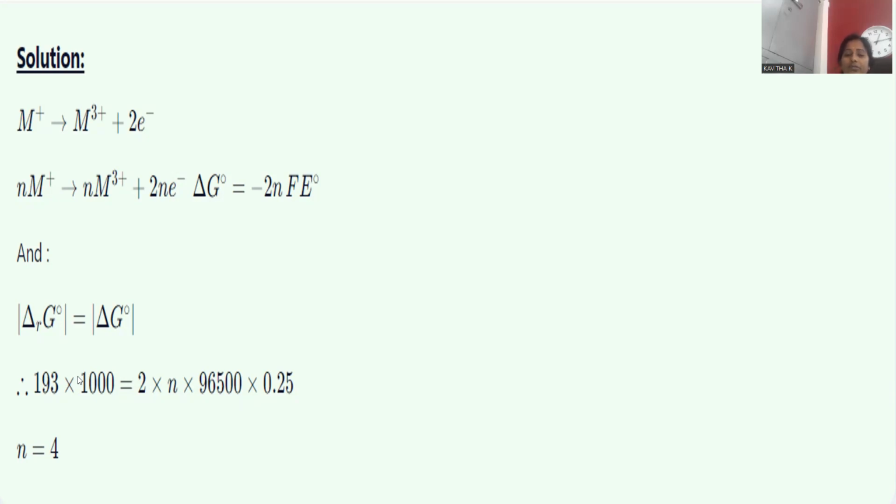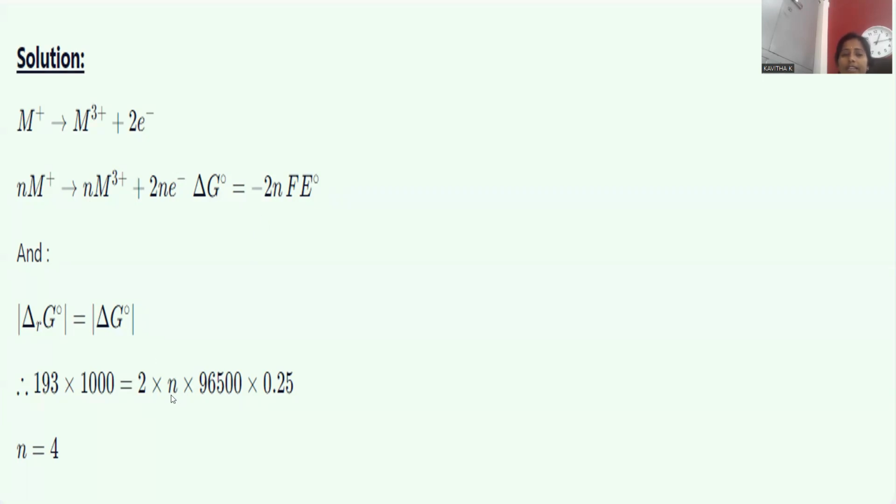We can cancel them out. So that is the way the negative sign got cancelled out. Here delta G naught value is 193, with the kilojoules to joules conversion of 1000, and the negative sign we compensated just now. 2 remains as such, being an integer, and N value is to be calculated.